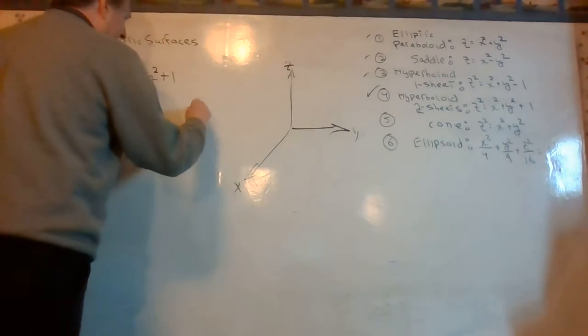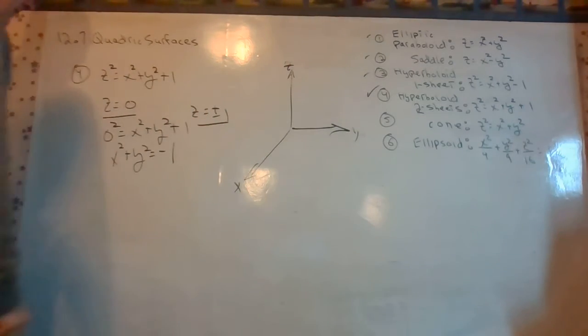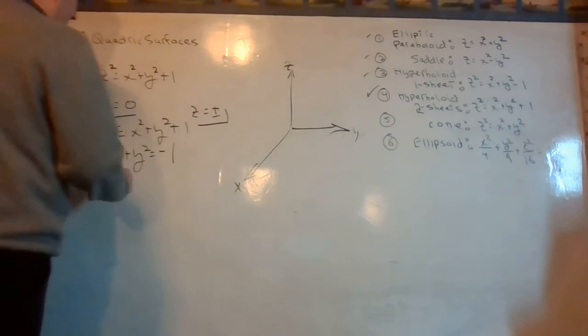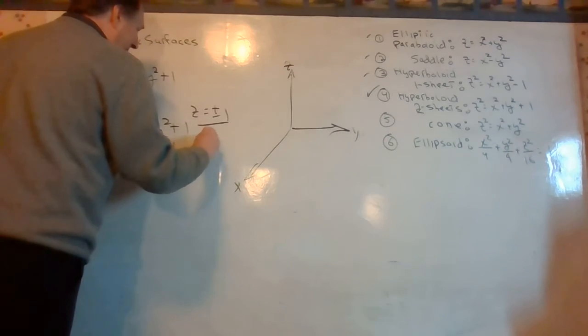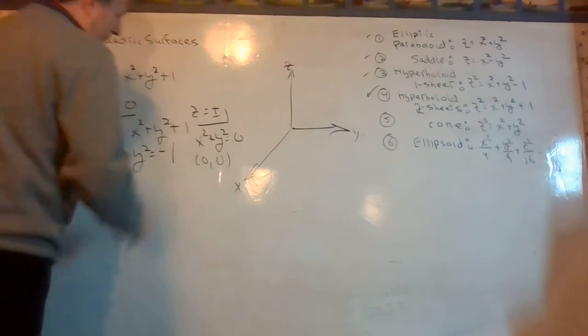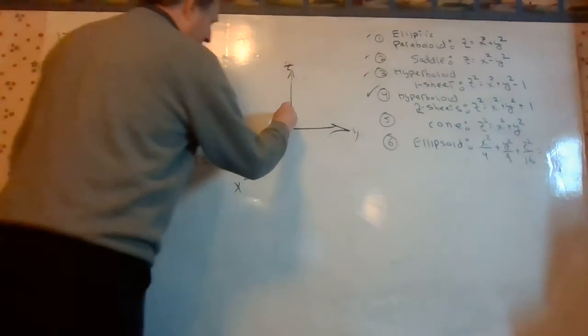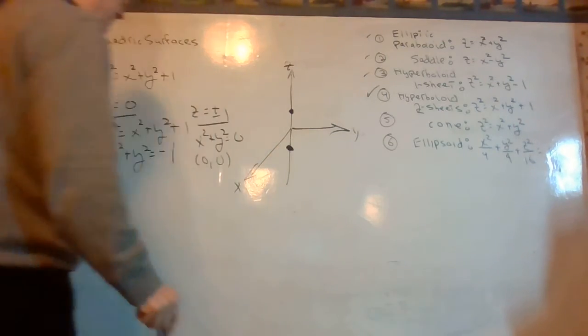If you let z equals plus or minus 1, that's where things begin to happen. And then plug a 1 in here, subtract the 1s, well, I'll expedite things. You end up with a single point 0, 0. So we end up with a point there and a point there.